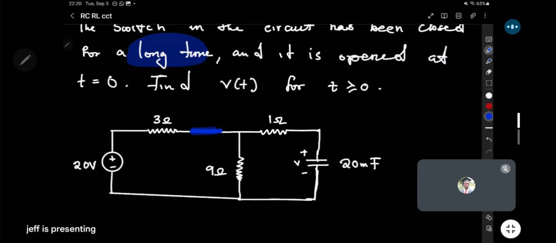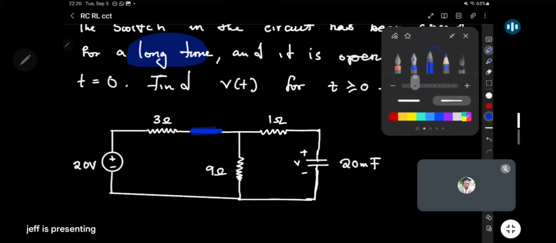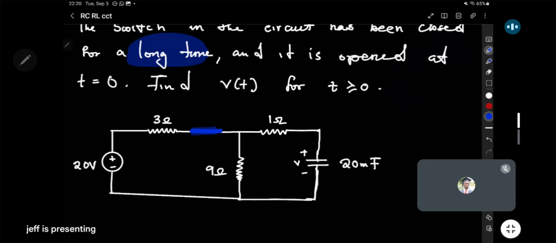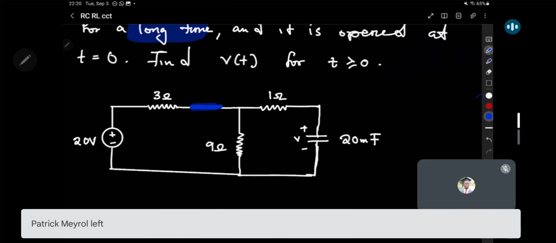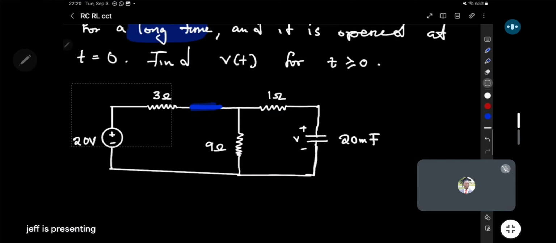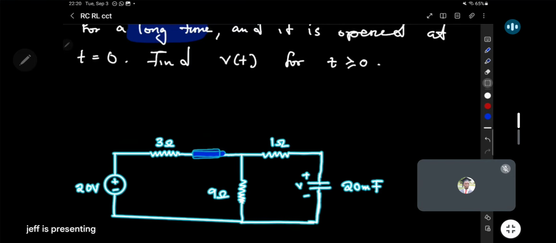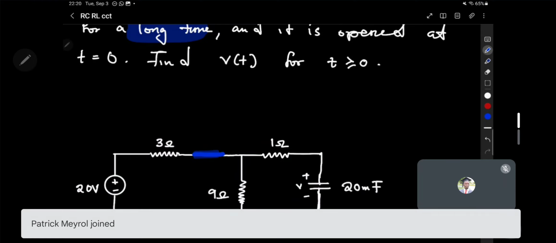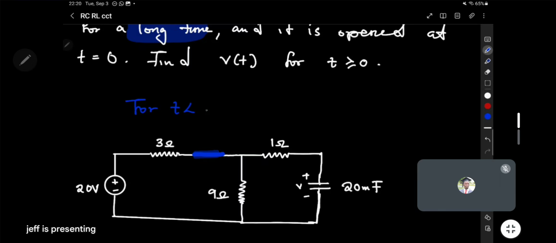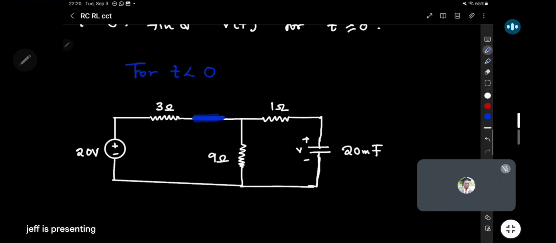We had that. So when the switch was closed, what was happening? So this is the circuit we had for t less than 0. For a long period of time, the circuit was like this.